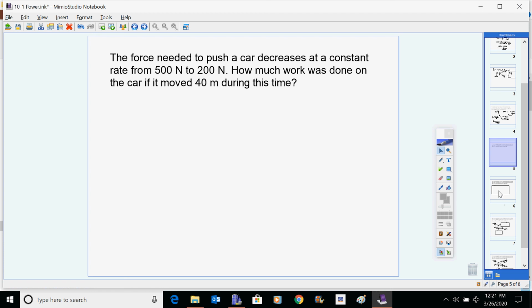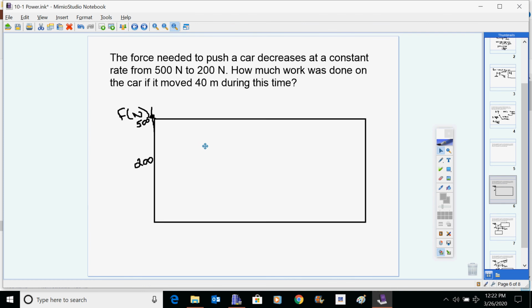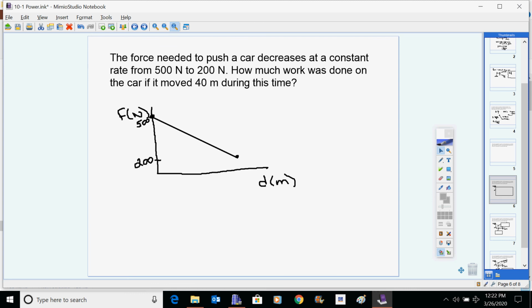So here we've got a little bit different given and some different things to think about. We want to kind of graphically think about this because you've got the force that starts at 500 newtons and it decreases to 200 newtons. And this is happening right here through this distance.